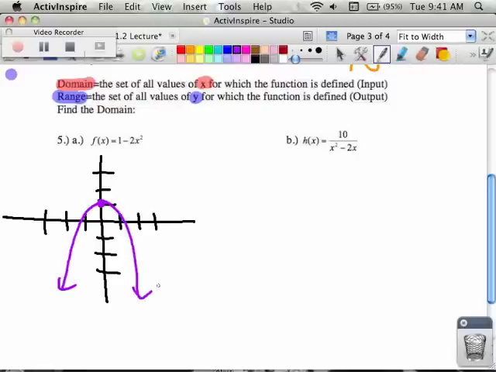I think that's what it looks like. Somebody check for me. Yeah.